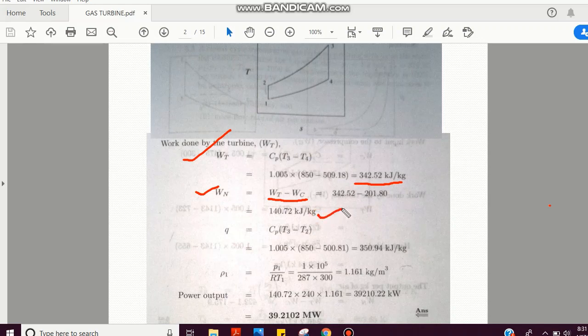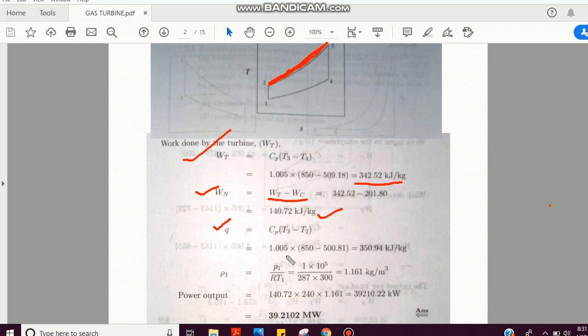Now the heat input. Since the heat input process is the 2 to 3 process, this process is the heat input process. So we can write Q, the heat input, equals Cp into (T3 minus T2).